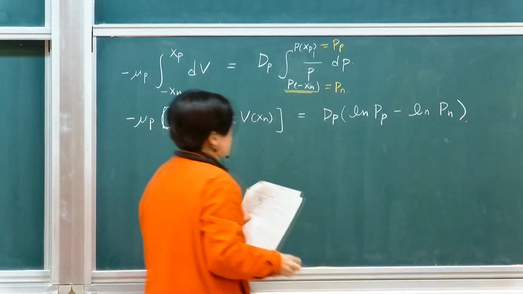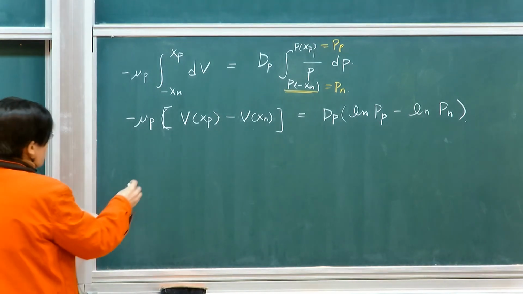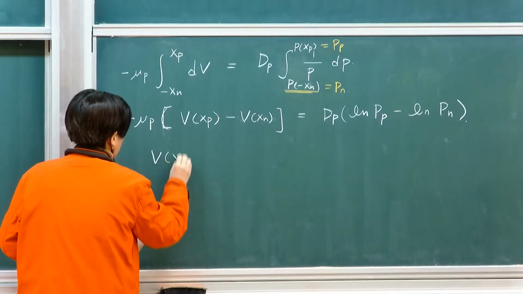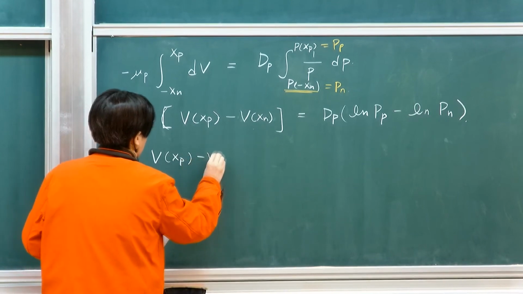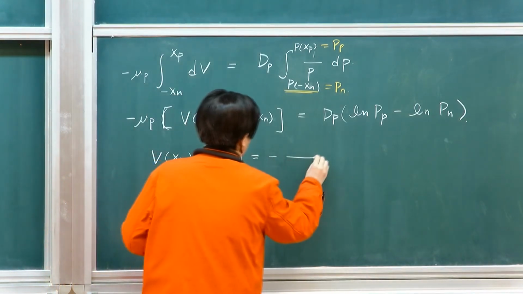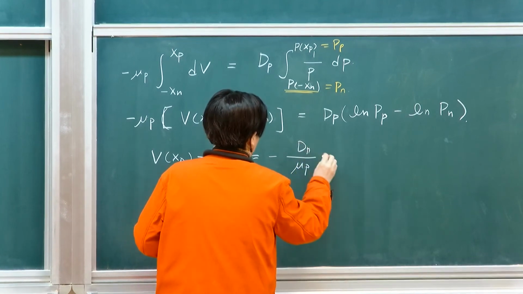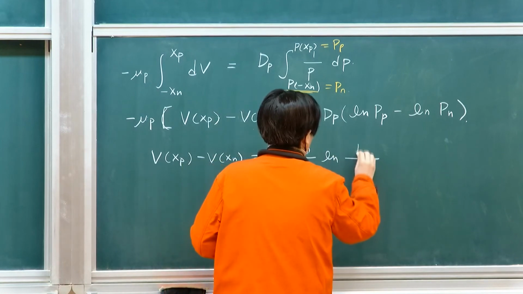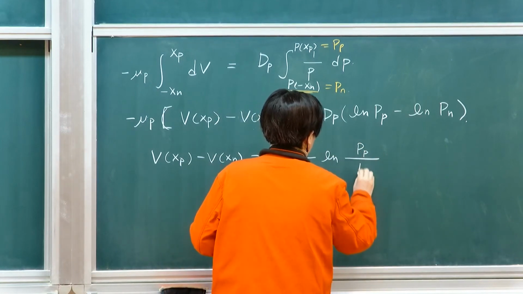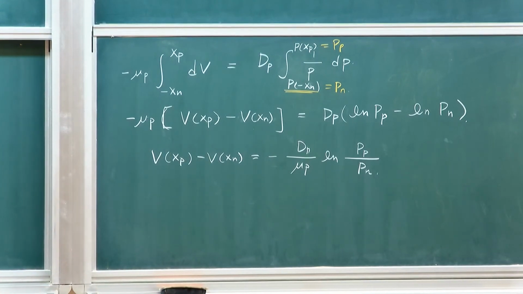Sorry. Okay? I still have a minus, yes. So this is V xp minus V xn will then become, there's a minus sign of mu p ln pp over pn. Okay?